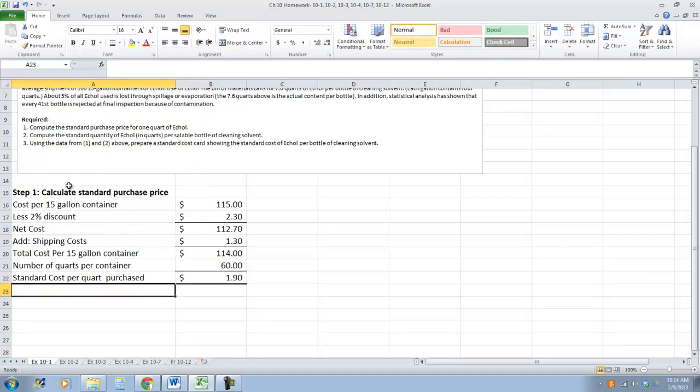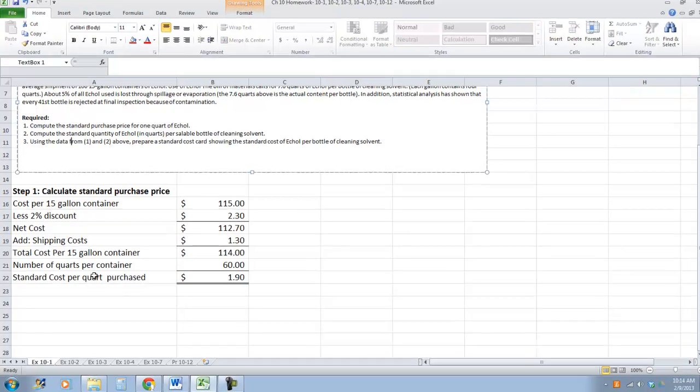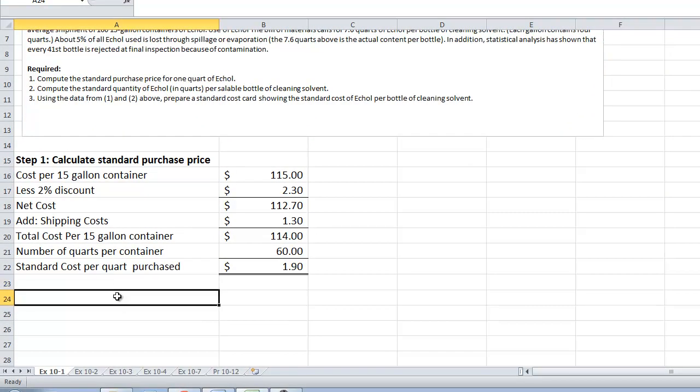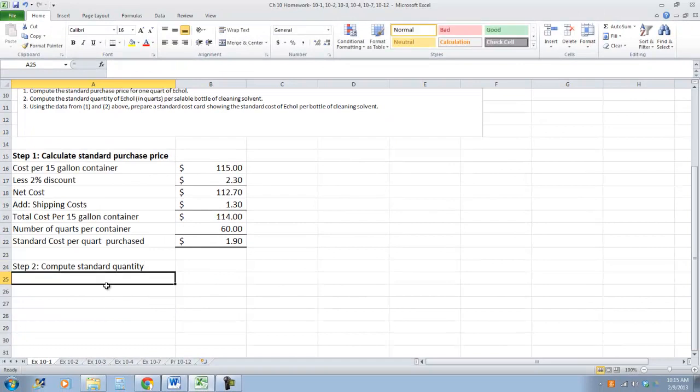Now that we've found the standard cost, we need to compute the standard quantity per saleable bottle of cleaning solvent. Step 2. Compute standard quantity. Alright.